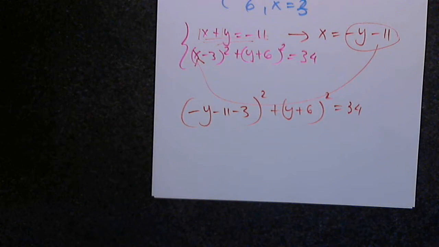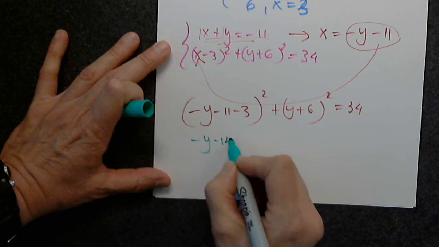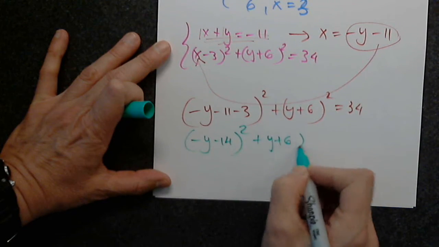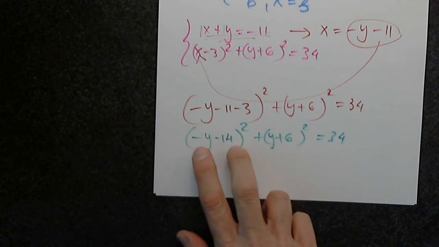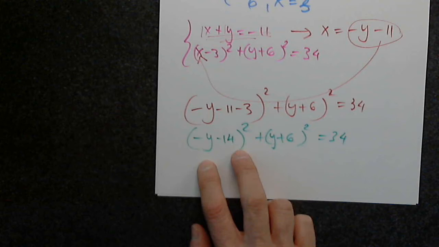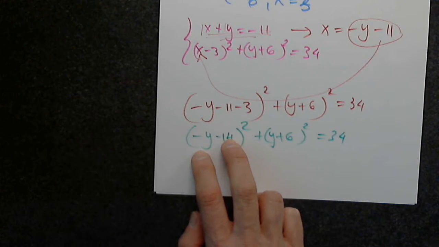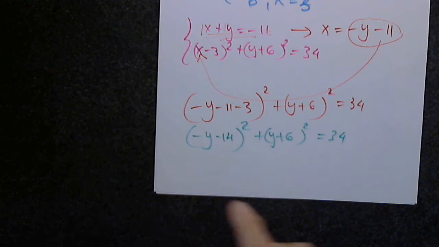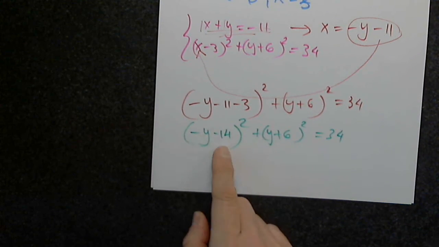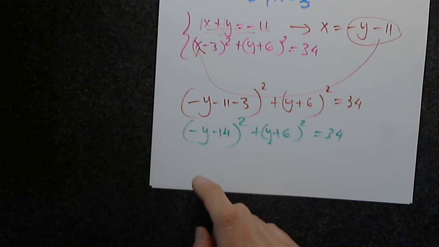Are we okay so far? Yes? Great. Now remember, when we simplify this and combine like terms, if both terms are positive or both terms are negative, when we square, everything gets to be positive. If only one of them is positive and one is negative, then there is a middle term that is negative.